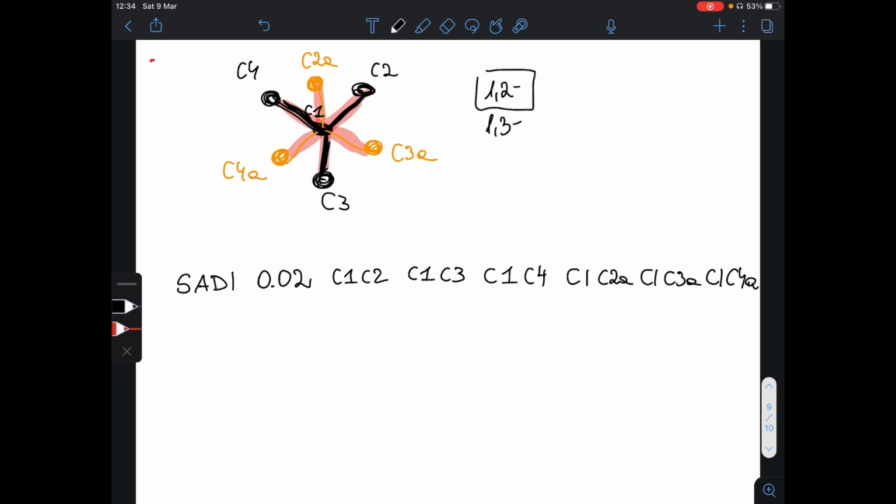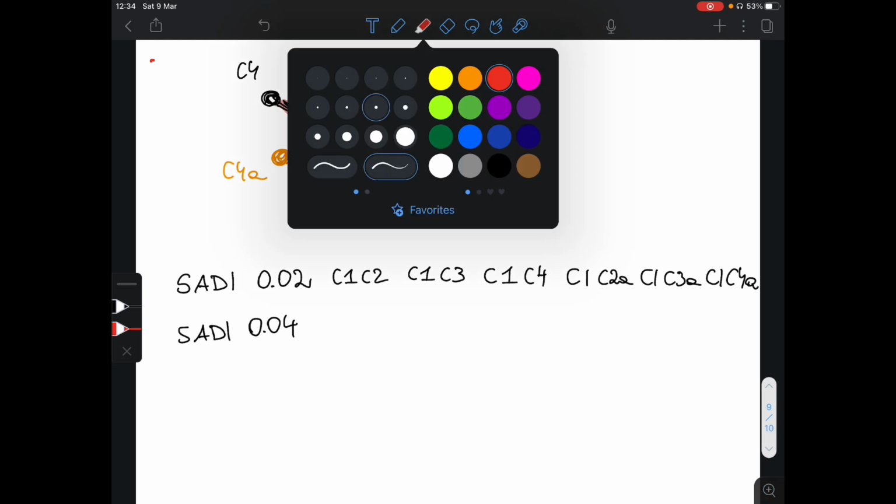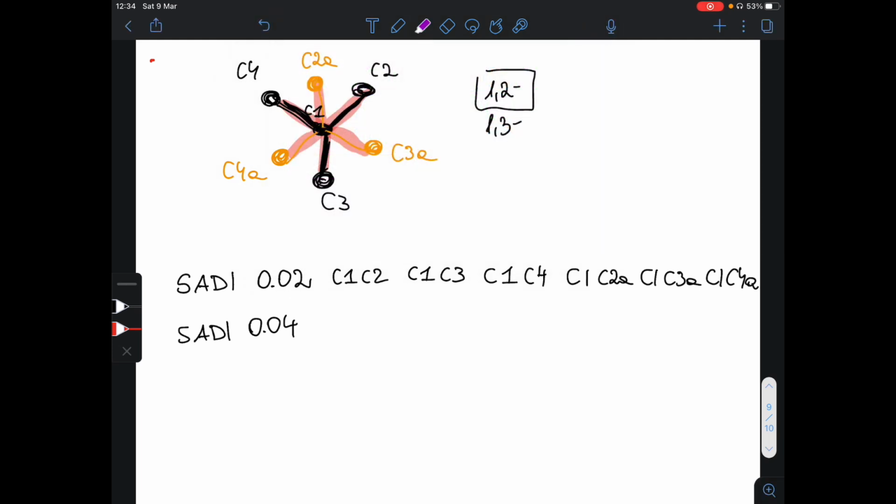That was easy. Now, for 1,3 distances, the uncertainty that we put is by default twice as high as for 1,2 distances. So which distances should be made similar or the same? Well, we want the distance between C2A and C3A in part 2 to be similar to the distance between C2 and C3 in part 1. So we want to have similar distances in both parts. But again, we know that the tert-butyl group also has some internal symmetry.